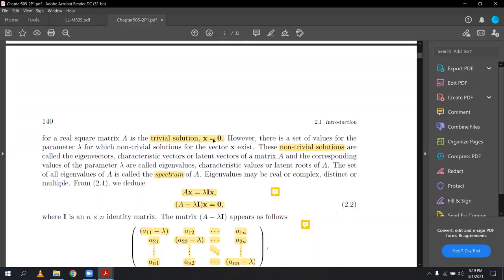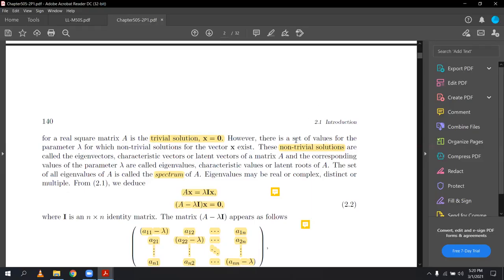It means all the elements of the vector x should be 0, which we are not interested in. We do a lot of work, and in the end we get the answer 0. So we are never interested in the unique solution of the linear system, and we are interested in the non-trivial solution. A non-trivial solution means infinitely many solutions here.